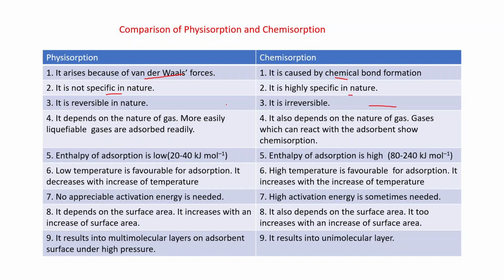Physisorption is reversible in nature, while chemisorption is irreversible in nature. Physisorption depends on the nature of the gas: more easily liquefiable gases are adsorbed readily. Chemisorption also depends on the nature of the gas: gases which can react with the adsorbent show chemisorption. In physisorption, the enthalpy of adsorption is low, 20 to 40 kilojoule per mole. In chemisorption, the enthalpy of adsorption is high, 80 to 240 kilojoule per mole.